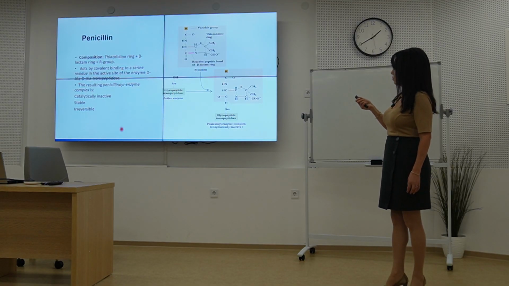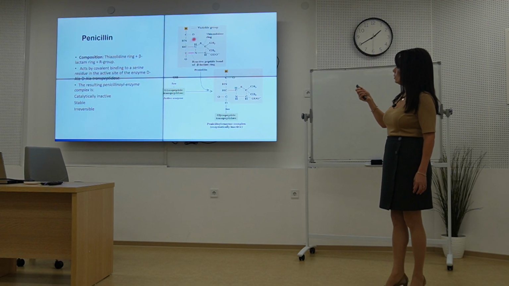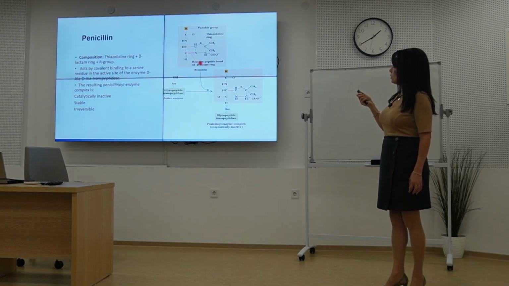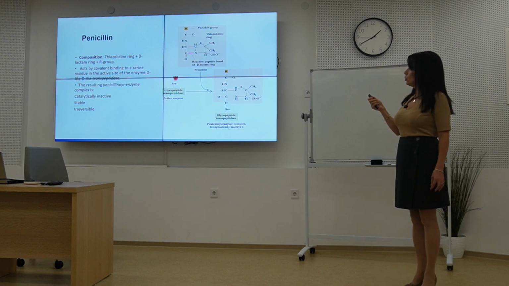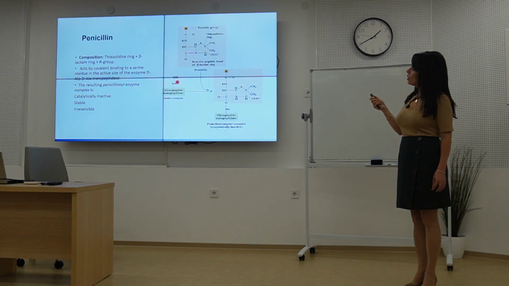This is the structure of penicillin, and this reactive peptide bond of the beta-lactam ring is very important. Exactly after the degradation of this bond, the penicillin is bound to the hydroxyl group of a serine residue of the enzyme called glycopeptide transpeptidase.